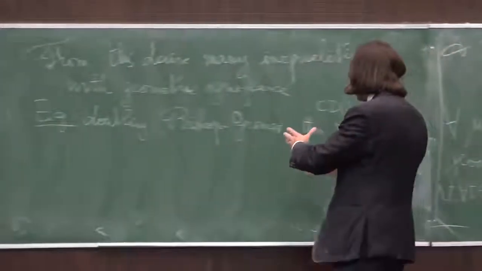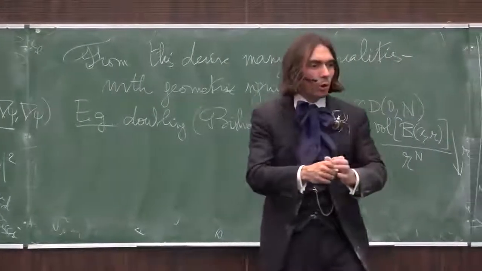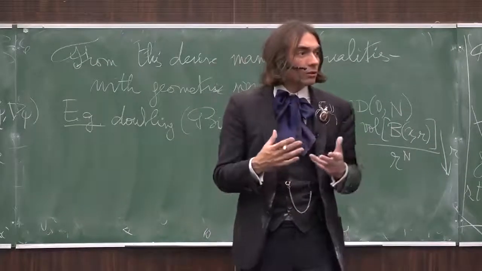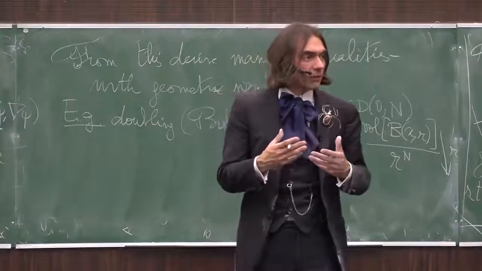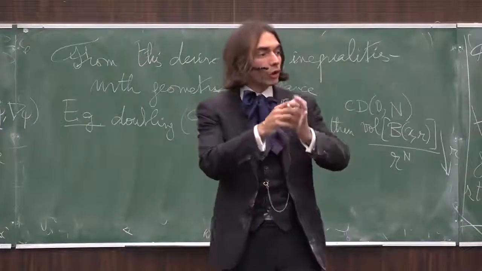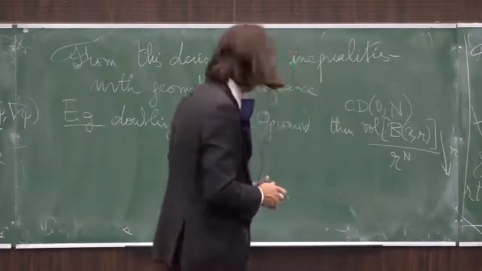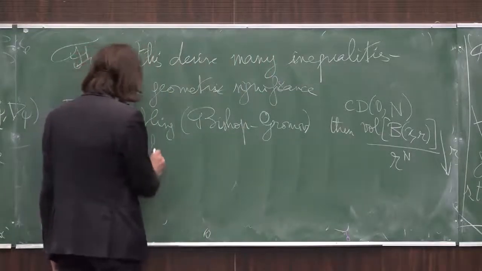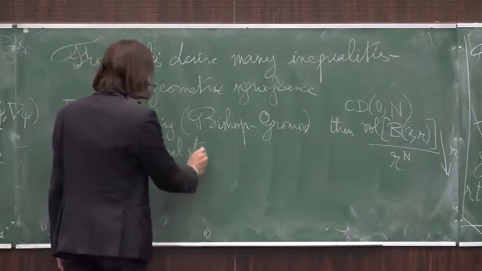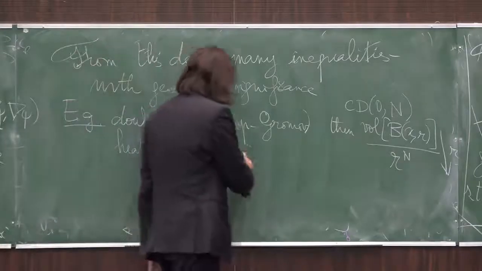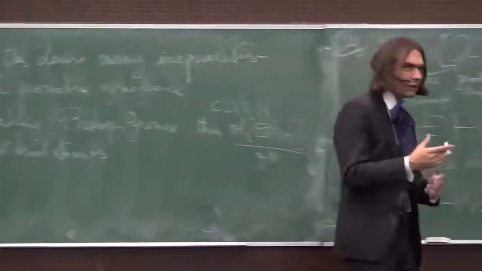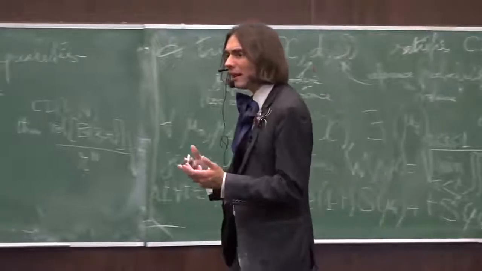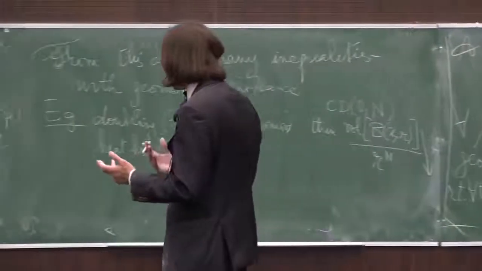And this is called the doubling property because it means that the ball of double radius will have a volume which is bounded by a constant times the volume of the ball of radius r. But also you have heat kernel estimates to show that the logarithm of the fundamental solution of the heat equation behaves like a square distance in some sense.